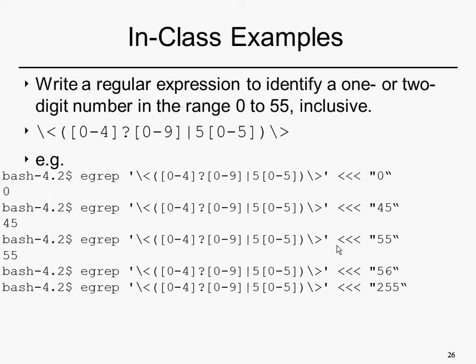So there might be something like 6 or 9 by itself. It needs to be able to match that. If I gave it 6 or 9 or 0, what is that going to match? Which part of this expression will match it? So the 0 to 9 component right there.